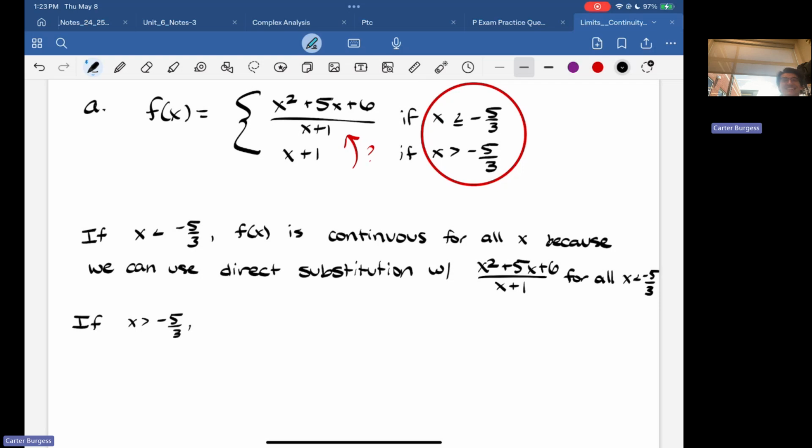Bottom function. And is there a point to the right of negative 5/3 where I wouldn't be able to do direct substitution with the bottom function? No, we're going to be totally good.